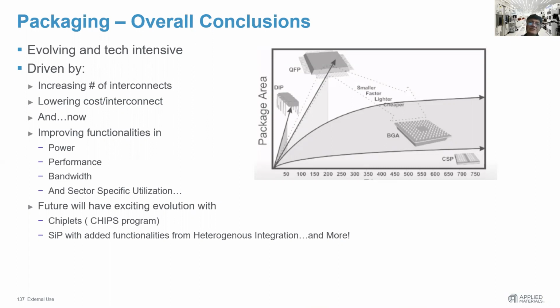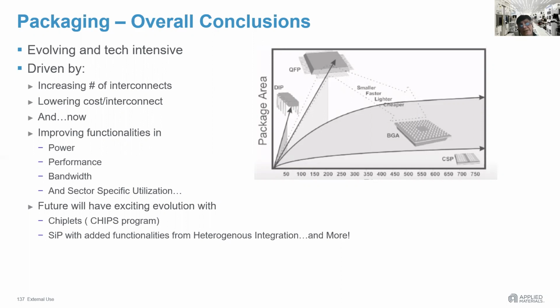So the key message: packaging, ATMP is not a simple area. It is evolving. It is tech intensive. All the things that you're talking of, it is very strongly design backed. It is very strongly backed by technologies.